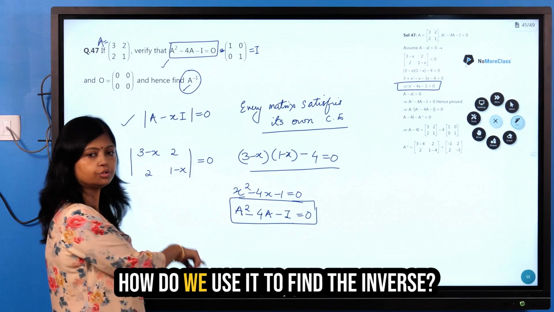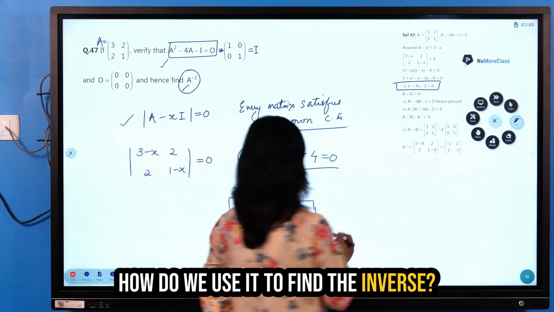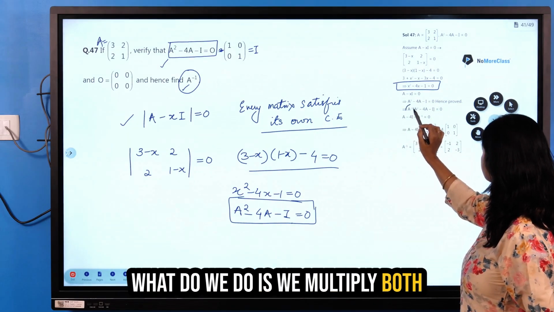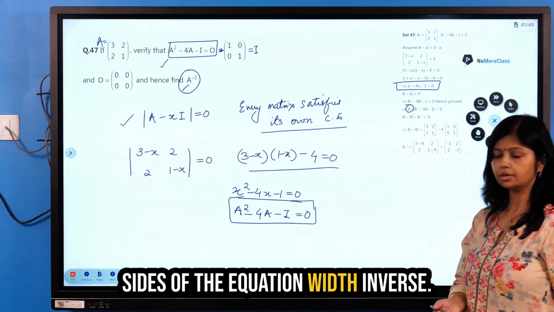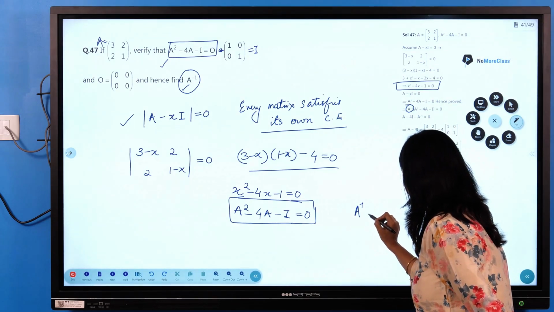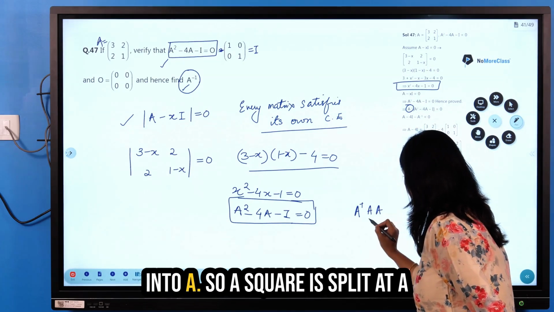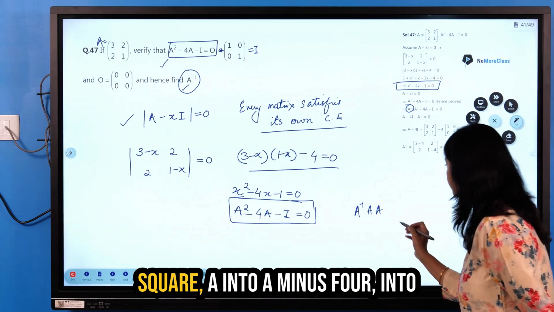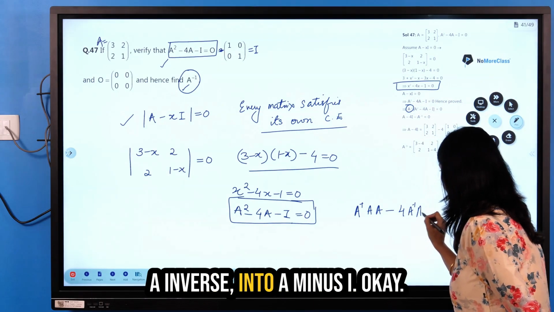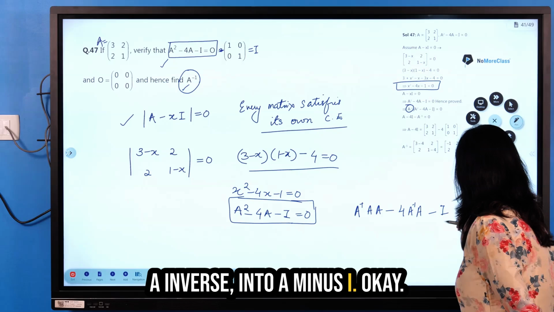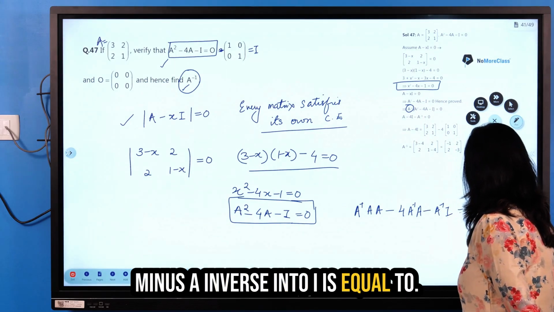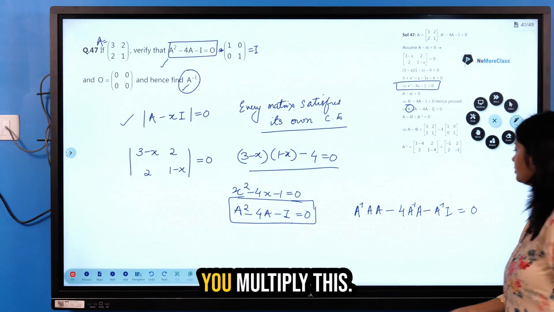And how do we use it to find the inverse? That's simple. We multiply both sides of the equation with the inverse. So A inverse into A square will split as A into A, minus 4 into A inverse into A, minus A inverse into I is equal to 0, as 0 remains 0 whatever you multiply.